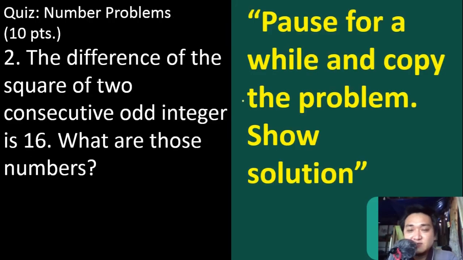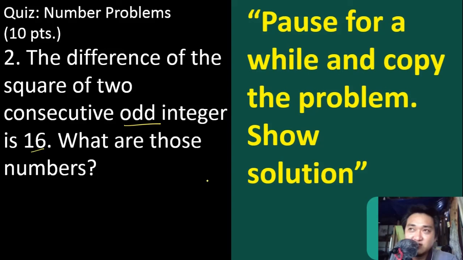For the second problem, which you are going to answer at home, I want you to find two consecutive odd integers. Don't forget, odd integers. The difference of the squares of two consecutive odd integers is 16. So what are those numbers?